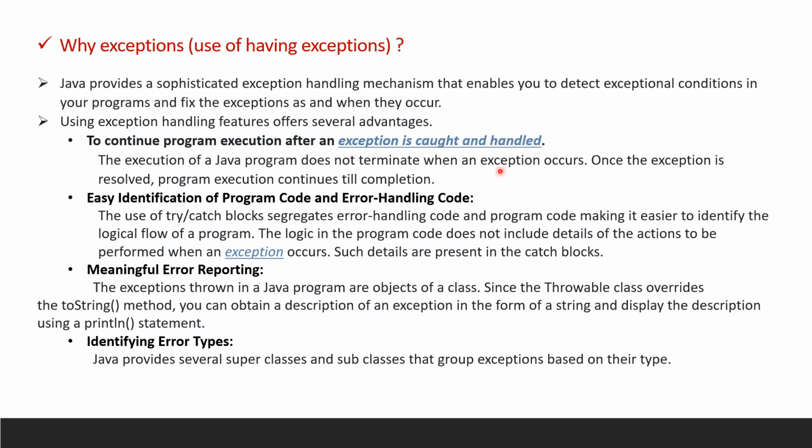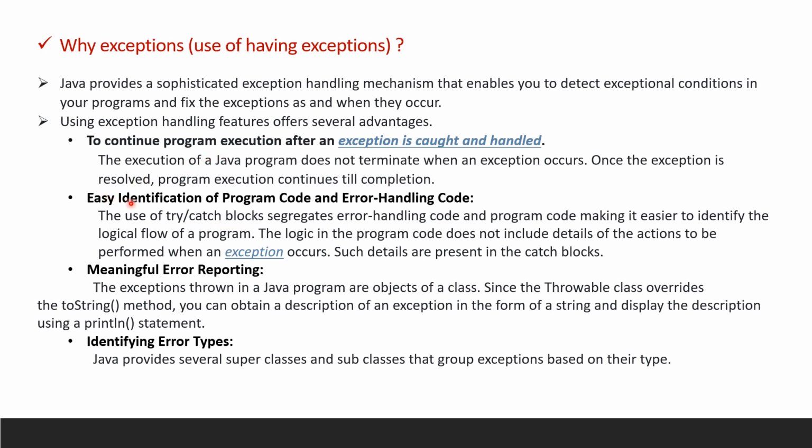We should not stop the application if anything fails in the middle or at the end. The execution of the Java program does not terminate when an exception occurs. Once the exception is resolved, program execution continues till completion.